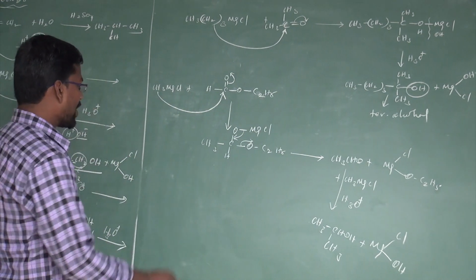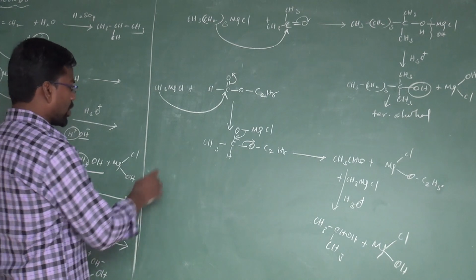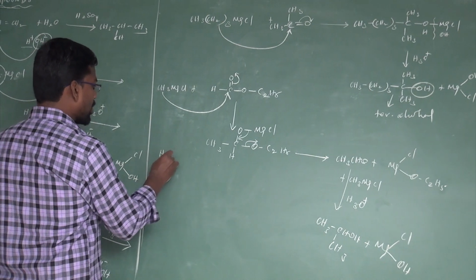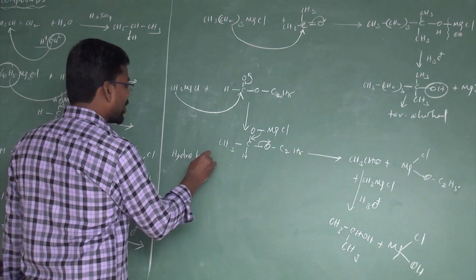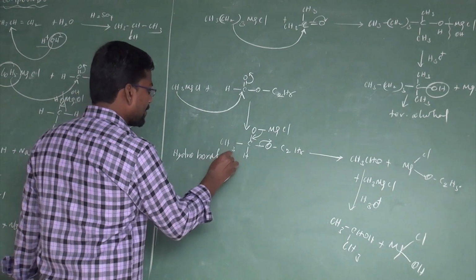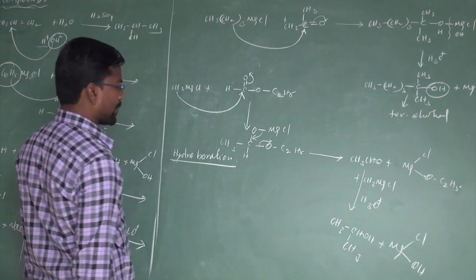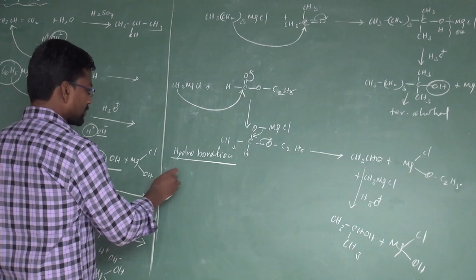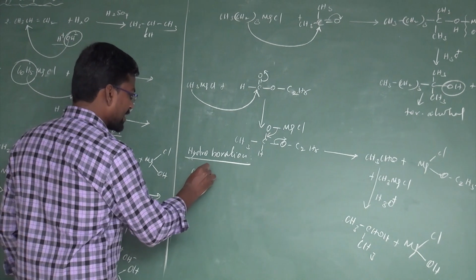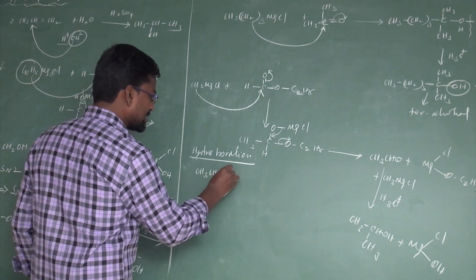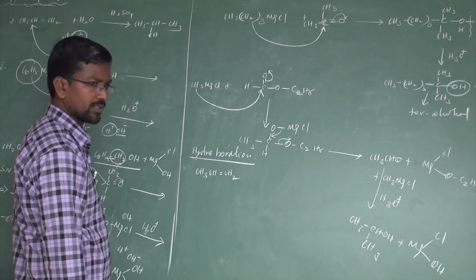Next one, hydroboration. Hydroboration can be carried out on propene. CH3 CH double bond CH2 is propene.